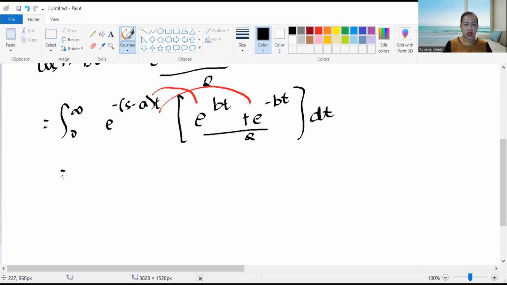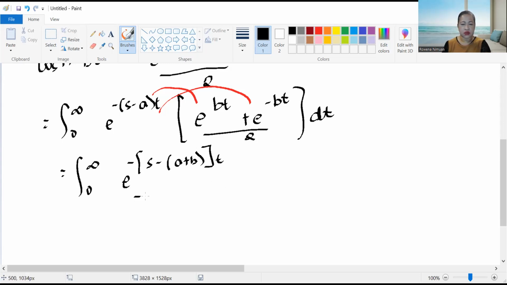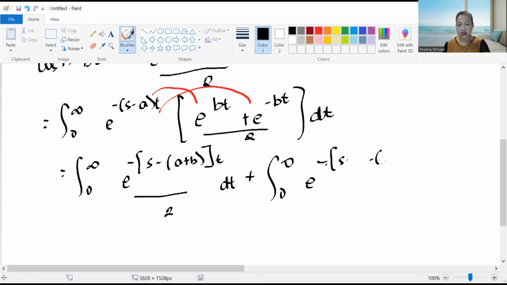So you can have the integral from 0 to infinity of e to the negative s minus a plus b, t over 2, plus the integral from 0 to infinity of e to the negative s minus a minus b, t dt.